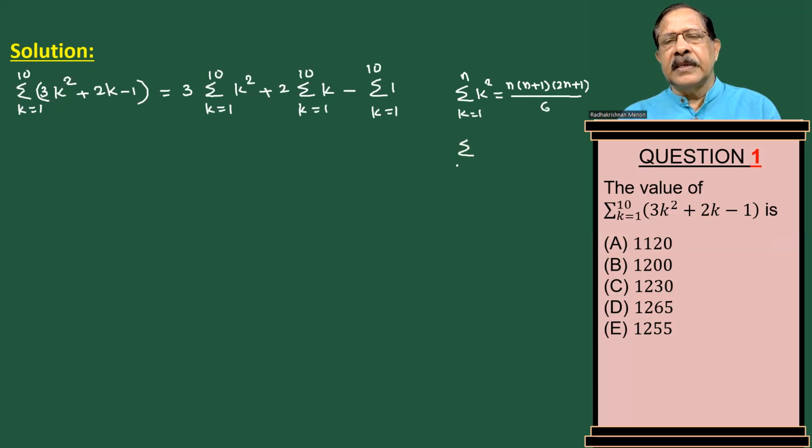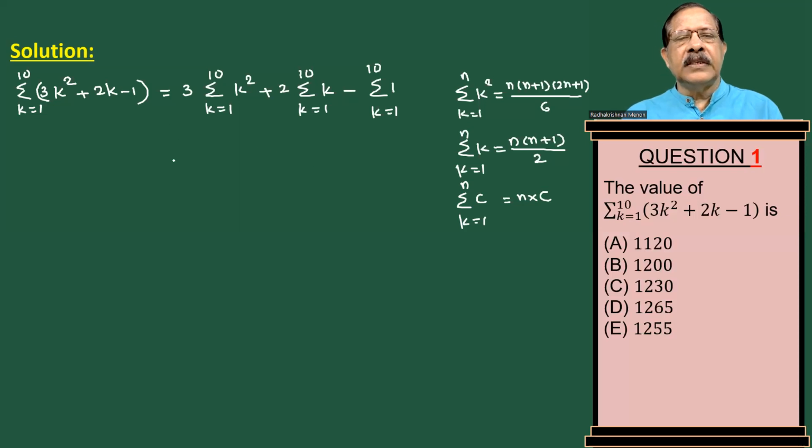Similarly, sigma k equal to 1 to n of k, the sum of first n natural numbers, is n into n plus 1 divided by 2. And sigma k equal to 1 to n of a constant c is equal to n into c.